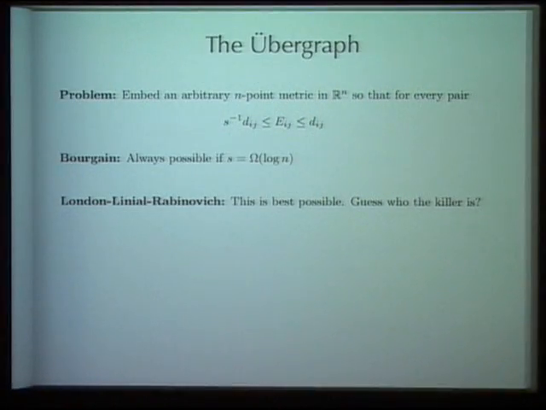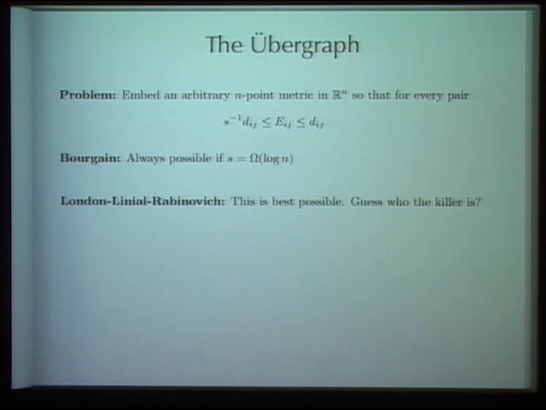I give you an arbitrary finite metric, and I would like you to place its vertices in n-dimensional, let's say for now, Euclidean space, such that if you look at any distance between 2 points in the original metric, it doesn't get bigger, and it also doesn't get much smaller.